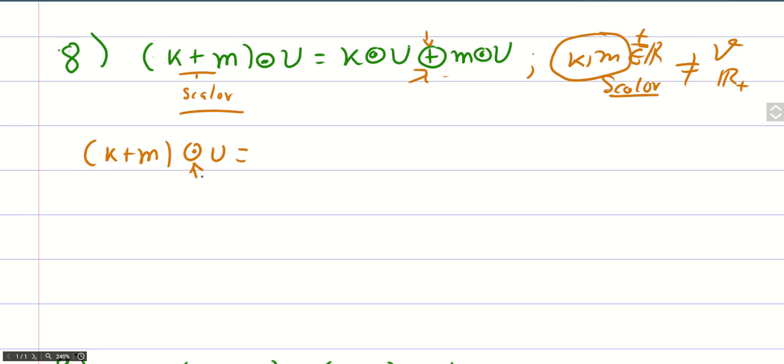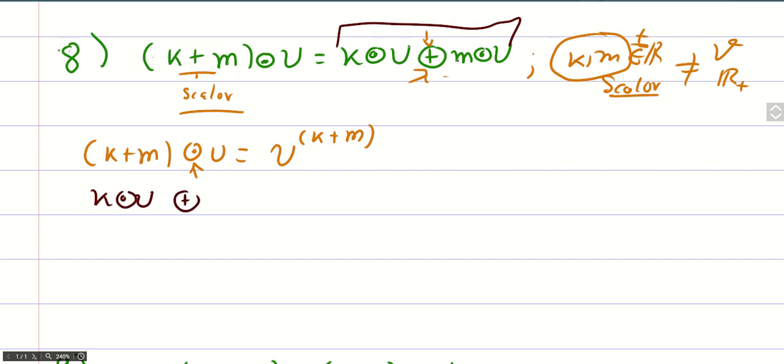So let's see what's going to be this. Remember that the multiplication on this space corresponds to the power. So this becomes u to the power of k plus m. Okay, so that's the left hand side. Now let's see what happened with the right hand side. So the right hand side is k times u plus, here we use the plus on the space because we are operating with positive numbers, and here we got m times u. So let's solve first what is inside the parentheses, that are the multiplications.